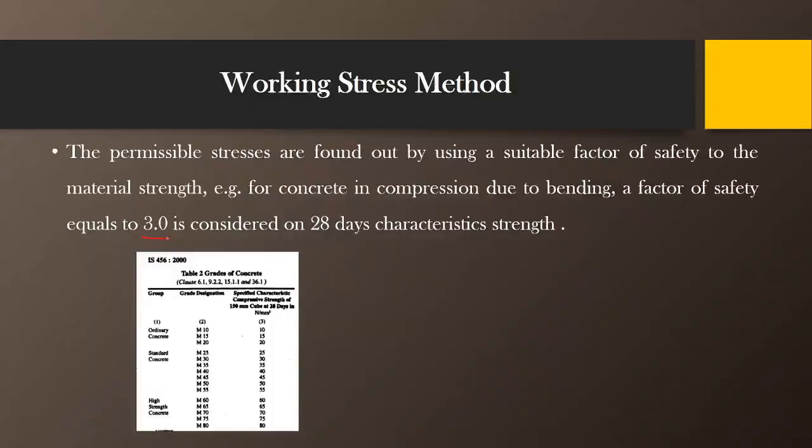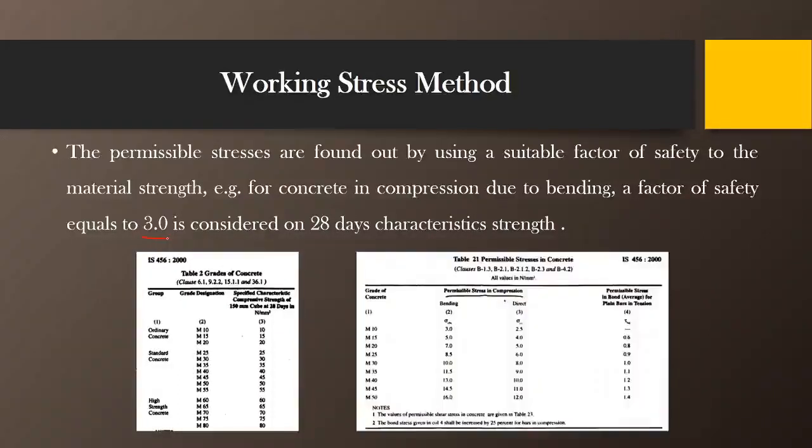Along with this table, we are going to use table number 21, which gives us the permissible stresses in concrete. This table is specifically provided in IS 456 under the working stress method section. So these are the stresses in the working stress method.